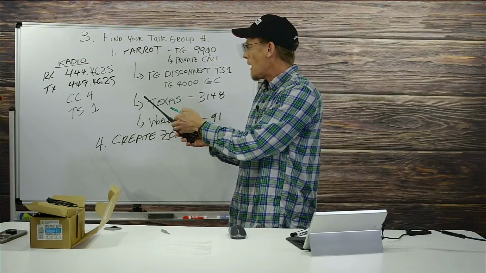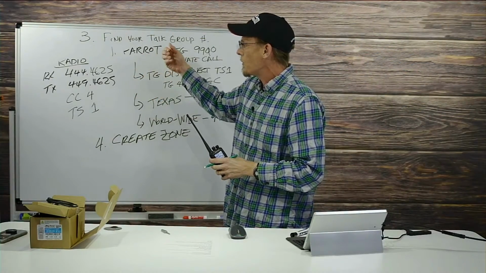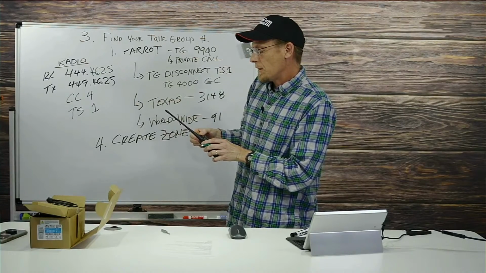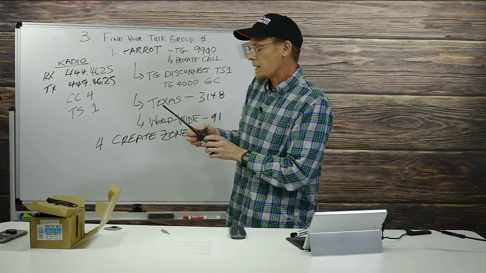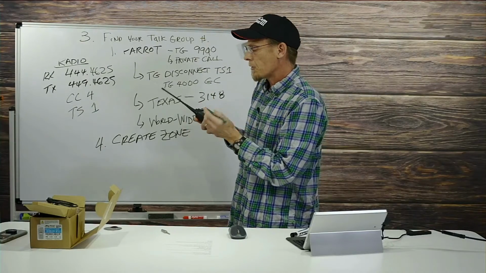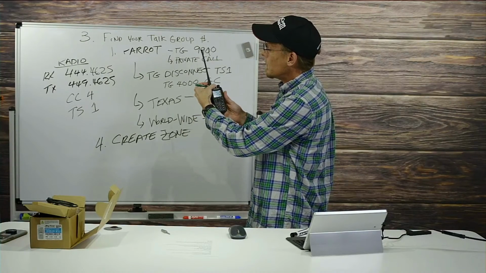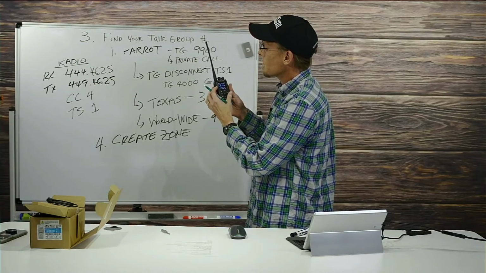If you're having problems, then there's something either with the network that's going on or something's happened. For some reason, I'm not getting into the repeater anymore to try to raise up a talk group. I am on the correct time slot. I'm on Worldwide, or I'm on the Parrot or Texas.